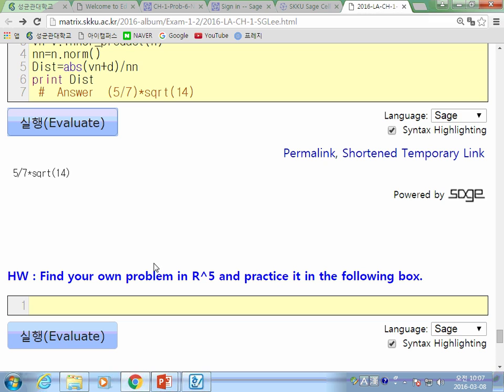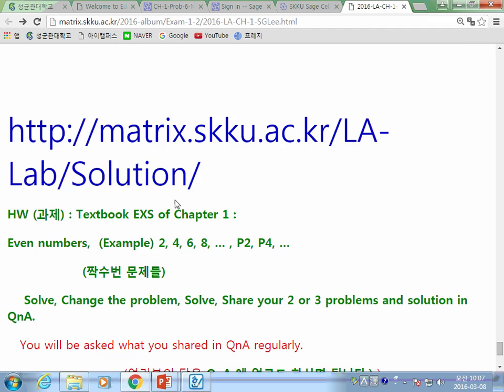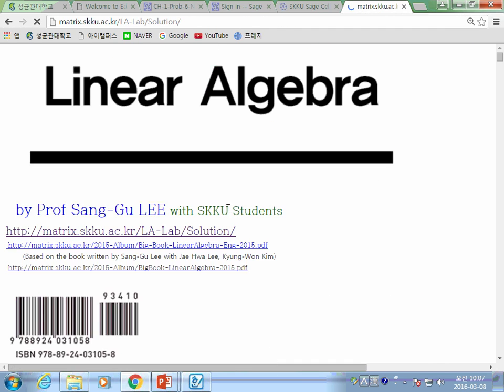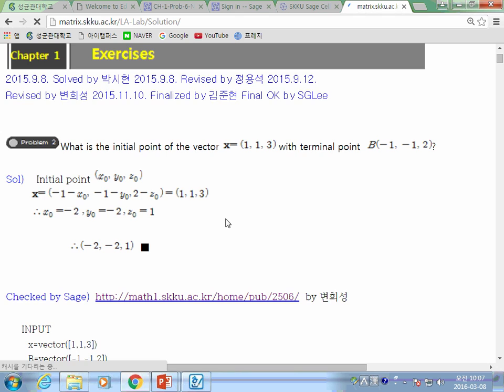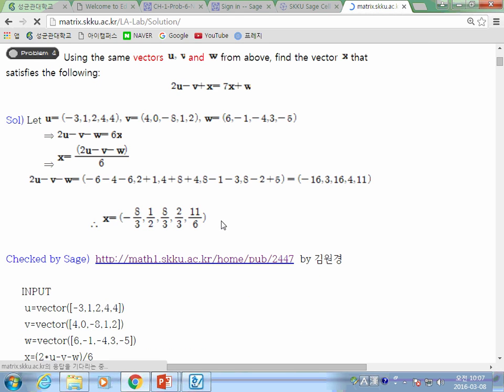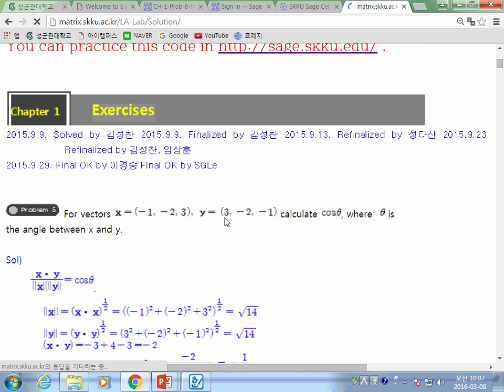But if I give you a very complicated problem, then you may have to use tools like this. And all the solutions can be found in here, not only for chapter 1, but also chapters 2, 3, 4, and 5 as well. So you just study, and if you find anything that you don't understand, if it's not clear, not only computation but mainly concept and proof, ask it through the Q&A.